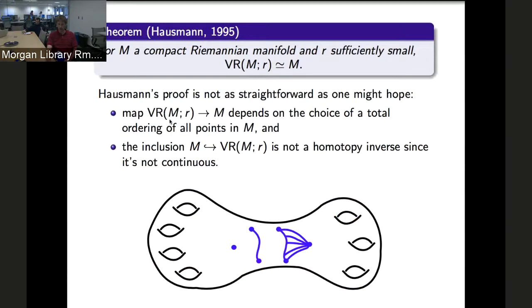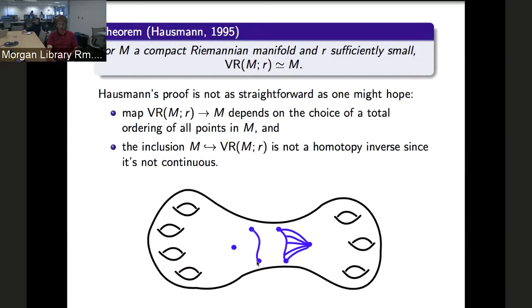So a vertex in the Rips complex is just a point in your manifold. So mapping vertices of the Rips complex into the manifold is not bad. That's what the point on the left signifies. We map a vertex in the Rips complex just to the corresponding point in the manifold. Mapping an edge in the Rips complex into the manifold is also not bad.